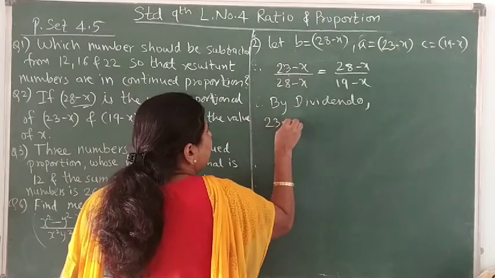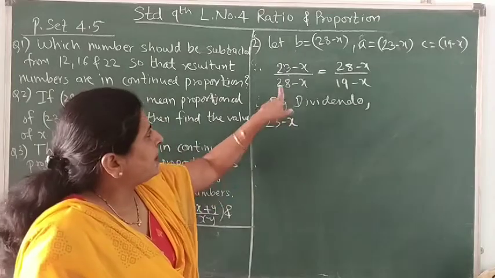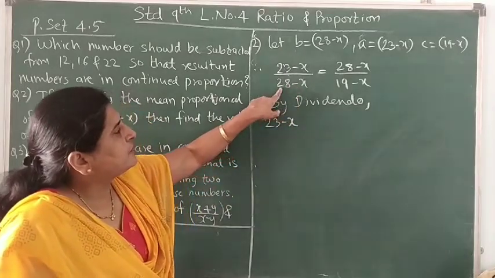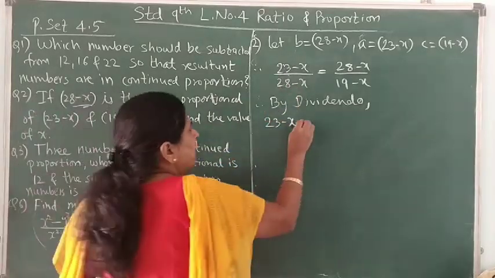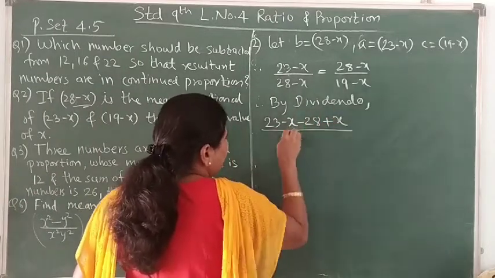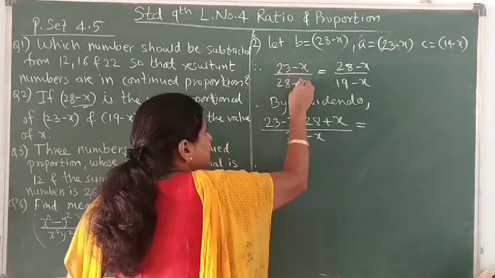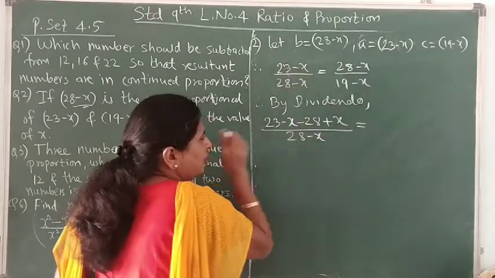So 23 minus x, now we can do directly. Now we know that when we subtract the denominator from this, it will change the sign. 28 will become minus 28 and minus x will become plus x upon 28 minus x. So we are doing numerator minus denominator, n minus d upon d.